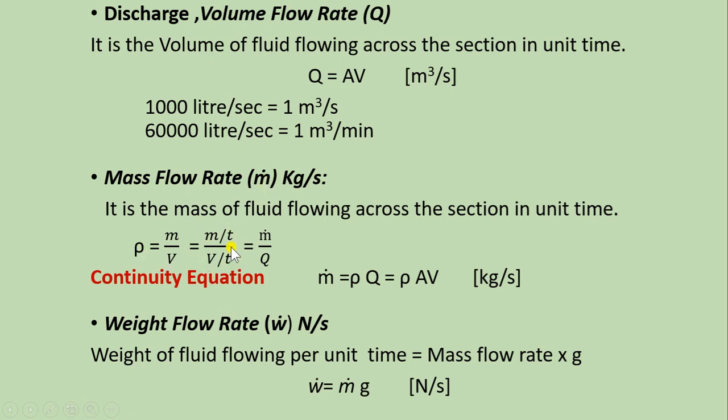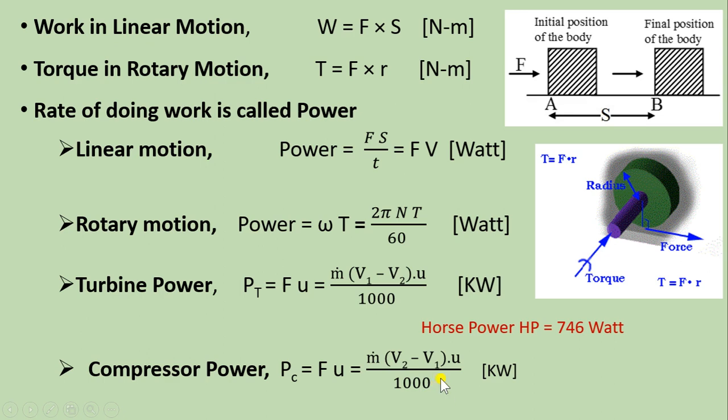By rearranging the terms, we get m dot is equal to rho into Q, while Q is AV. That's why m dot is equal to rho into A into V, where A is a cross-sectional area of jet and V is the velocity of jet. Weight flow rate, Newton per second, that is equal to m dot into g in Newton per second.